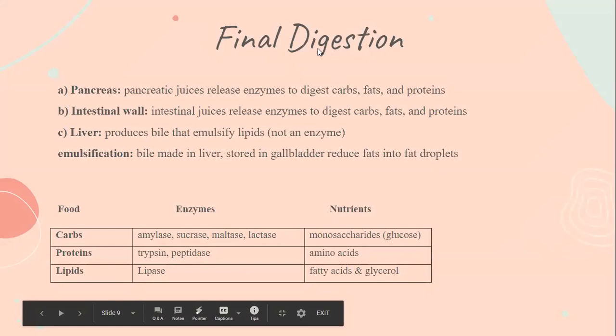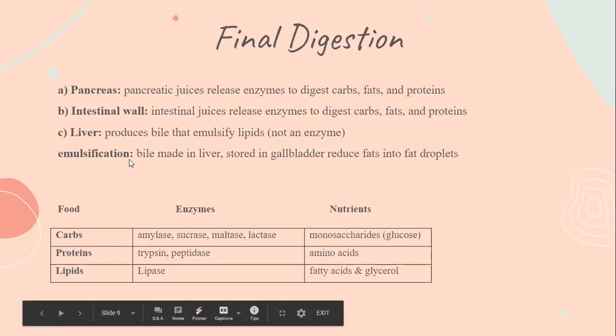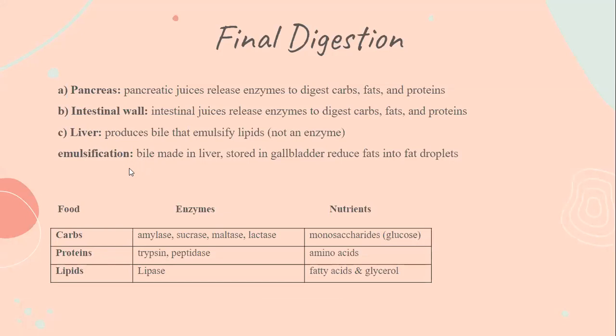Final digestion also includes some of the accessory organs I was talking about. So we have the pancreas, the intestinal wall, and the liver. The pancreas is this odd-shaped organ near the stomach. The pancreas releases pancreatic juice, which contains enzymes to digest carbs, fat, and proteins.